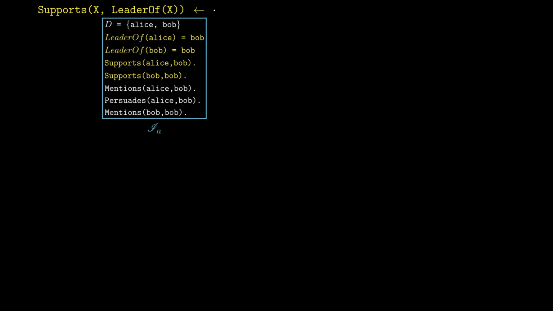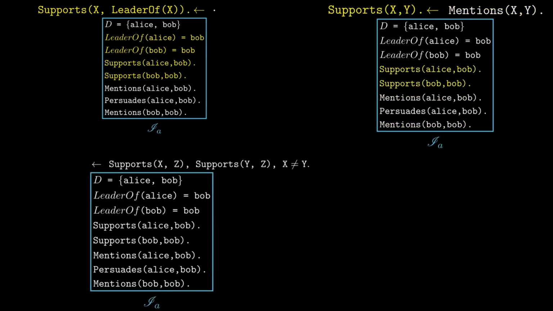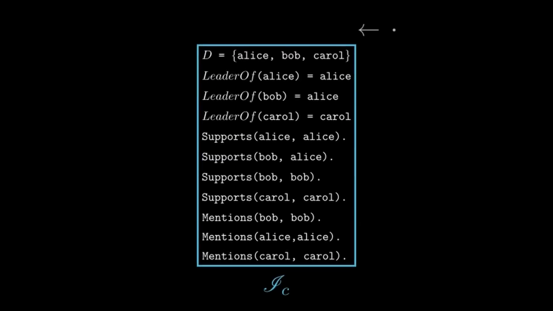This means that for any instance of a rule body in our interpretation, the instance of the head obtained by the rule firing, remember, if, then, is also in our interpretation. And that's it. Now let's do the same with Carol's interpretation.